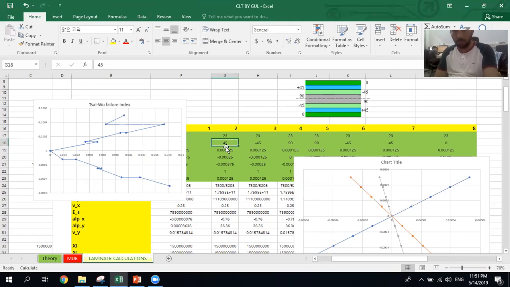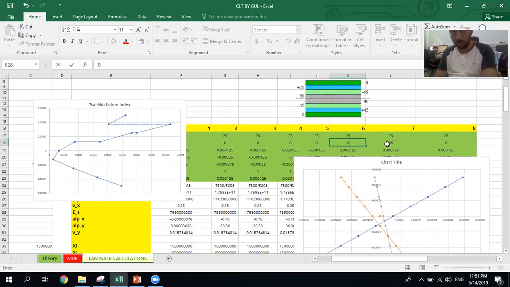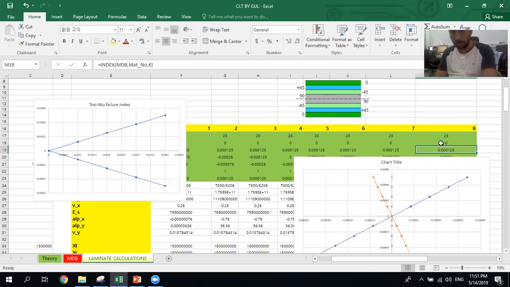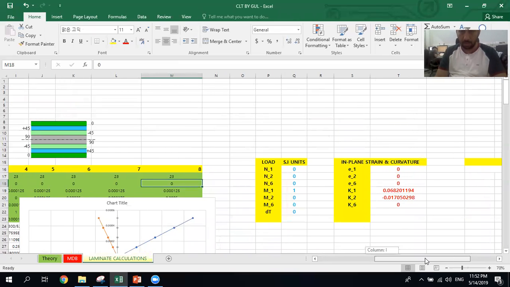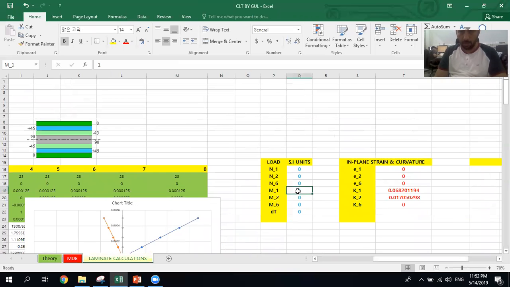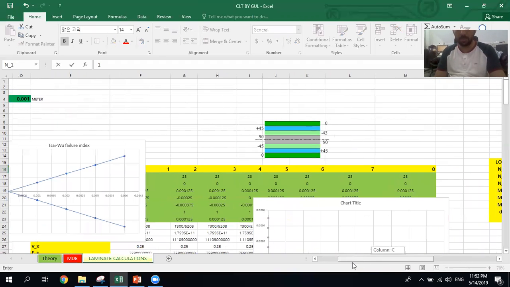Let's say we convert all of it to zero, and similarly we change the loading to only a unit load acting on the laminate.